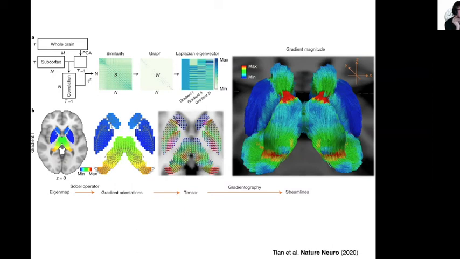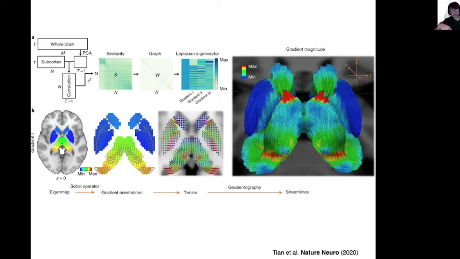Instead of looking at the local representation of this gradient, you try to make a link between different voxels of the brain by creating a tensor, a little bit like tractography, between voxels that share similar but slightly different profiles of gradient.